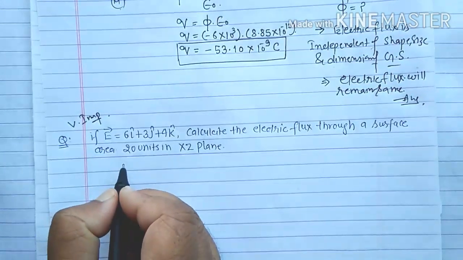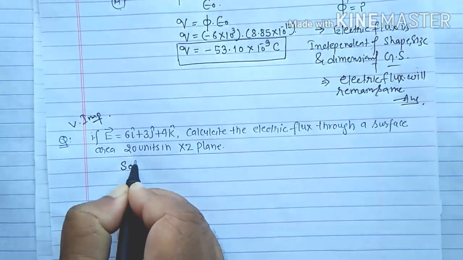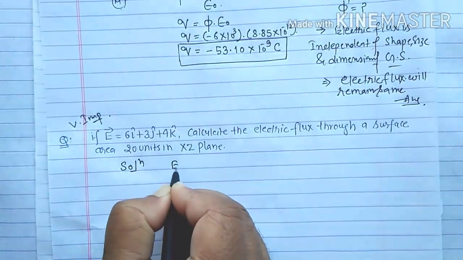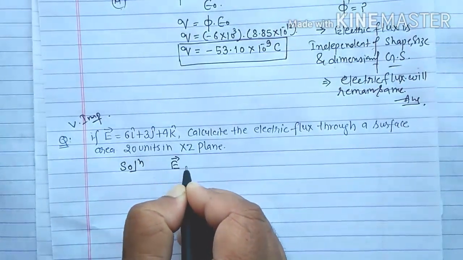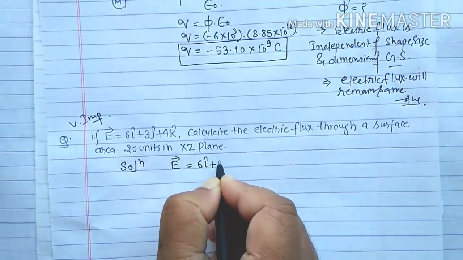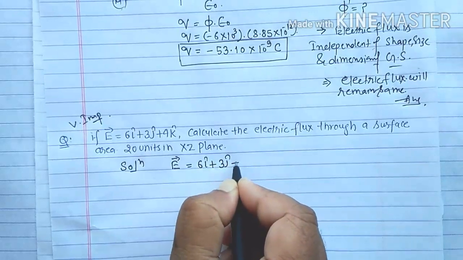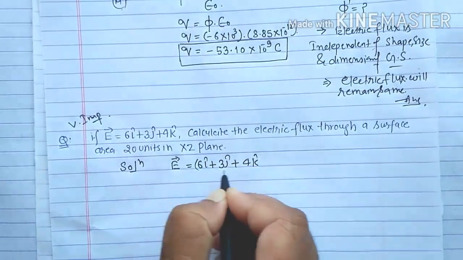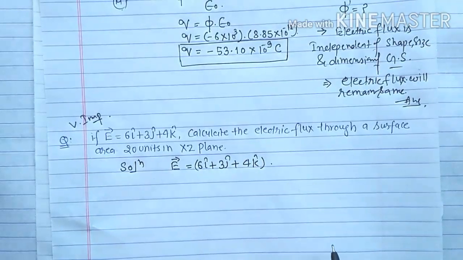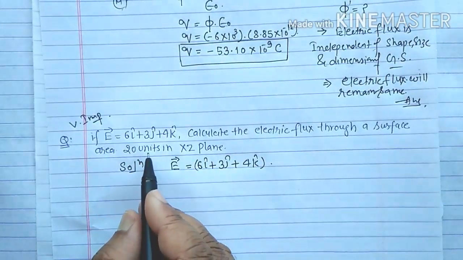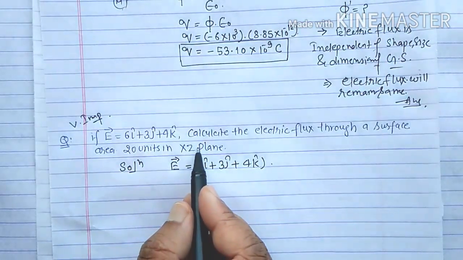So just note down all these values. First parameter which we have got here, electric field. So electric field is equal to 6 i cap plus 3 j cap plus 4 k cap. Electric flux through a surface area 20 unit in XZ plane.